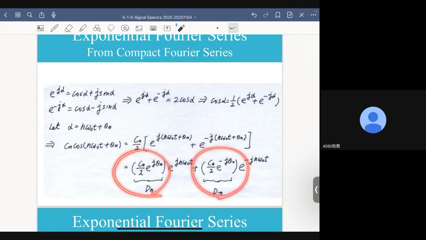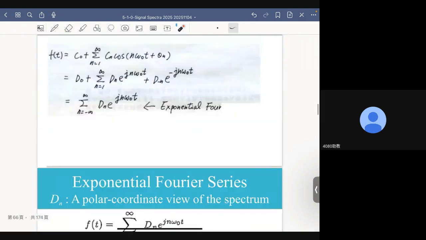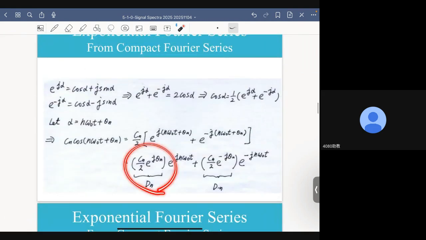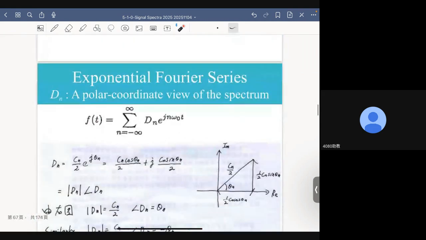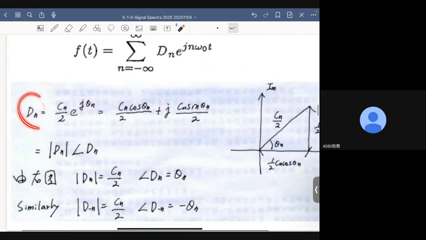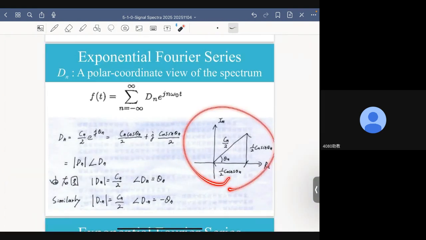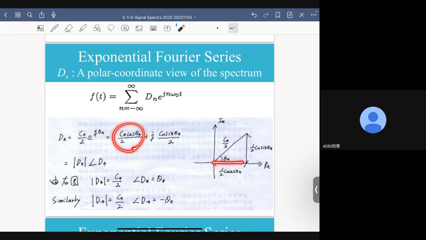And if this is the case, then we know that Dn is a complex variable. Now, let's look at this complex plane. Let's assume that Dn is located here. So this is its real part component, and this is its imaginary part component.